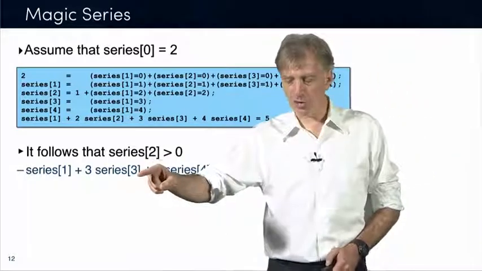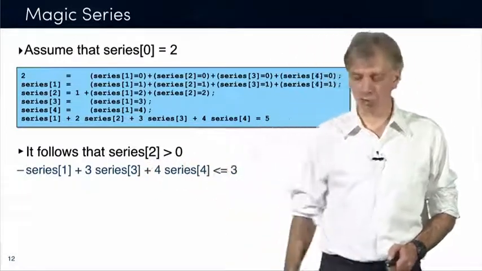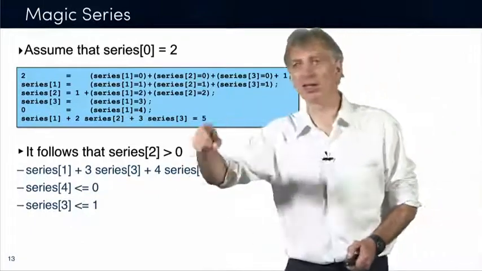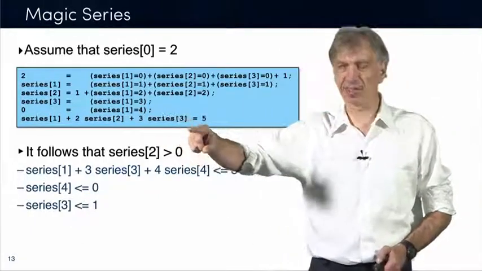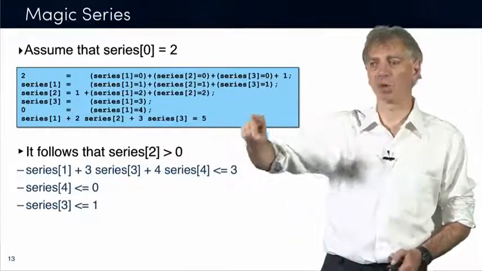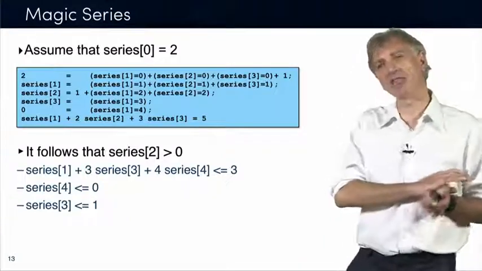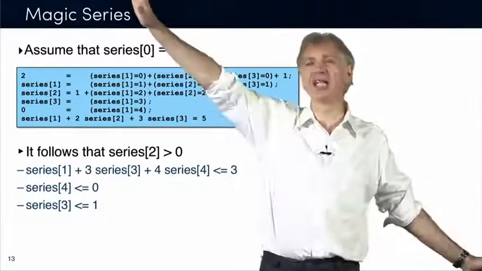And the 3 times series 3 can be at most 1. So once again, I can use that information and start propagating it, and my search space becomes much smaller. So if you use the simple model that I've just shown you, you can solve magic series up to really, really large numbers.